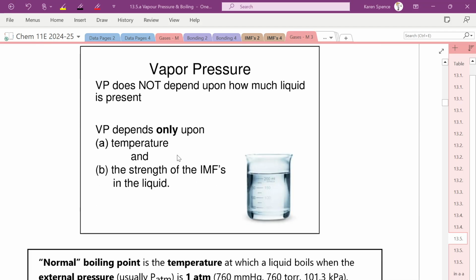Vapor pressure depends on temperature, but it also depends upon what else? The strength of the IMFs. And you guys remember this from the IMF unit? Yeah? Okay. So, higher temperature: do we have a higher vapor pressure or a lower vapor pressure?